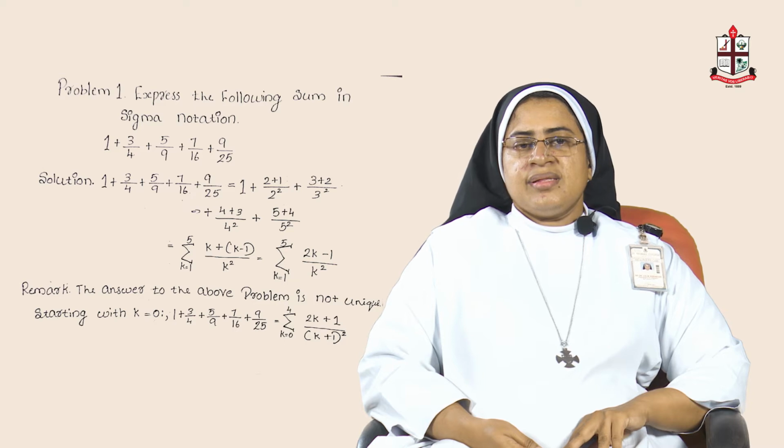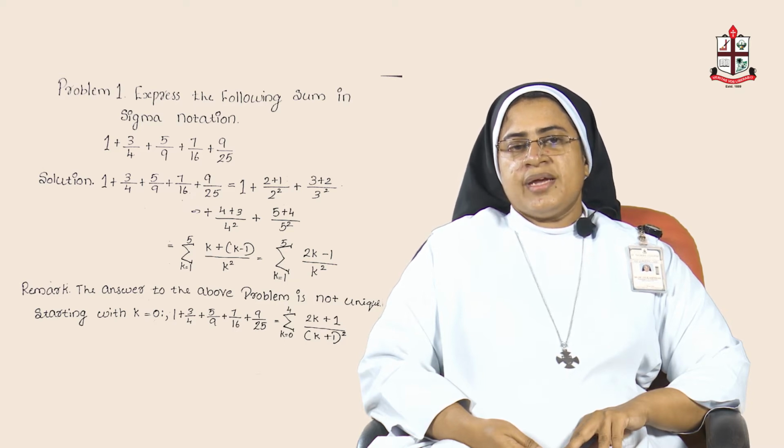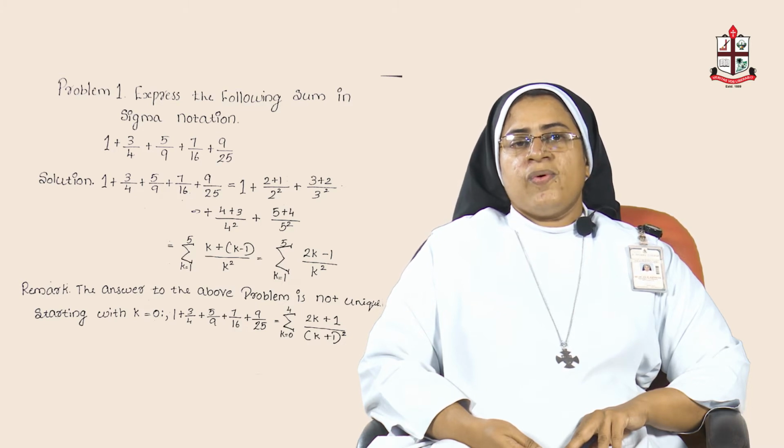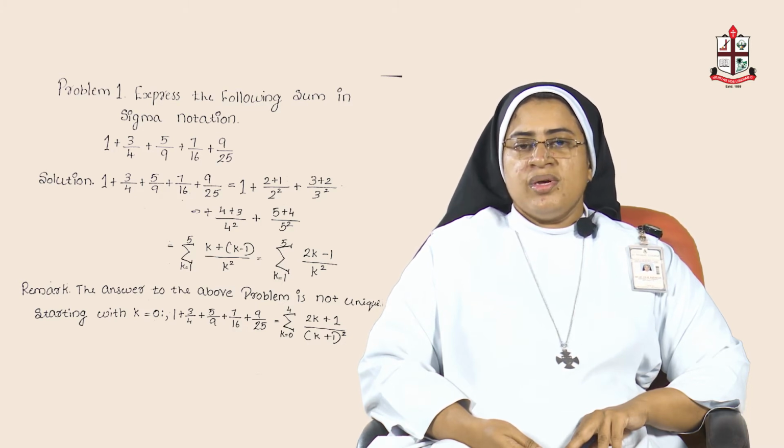Then the next is you have to see the numerators 3, 5, 7, 9. They are all odd numbers, you express them as 2 plus 1, then 3 plus 2, then 4 plus 3, then 5 plus 4, and in the denominator 4, 9, 16, 25, so 2 square, 3 square, 4 square, 5 square.